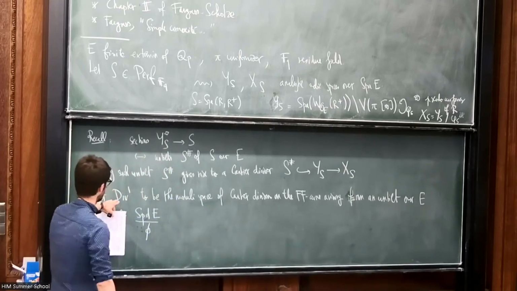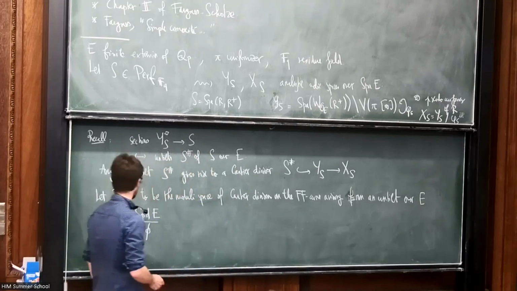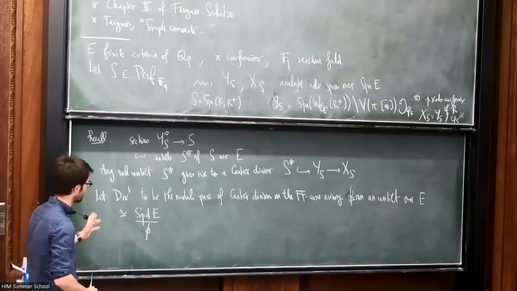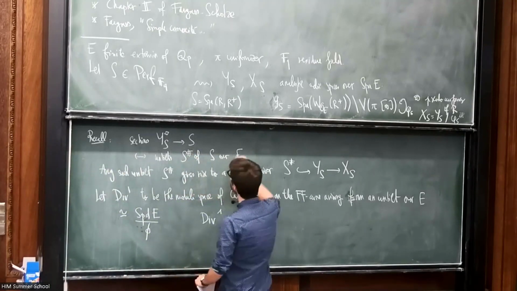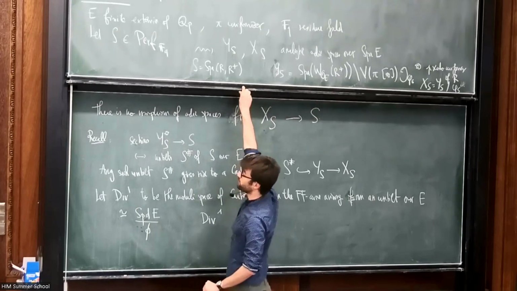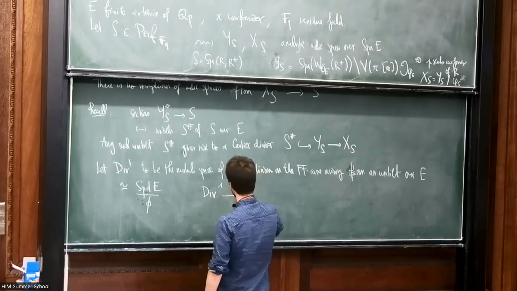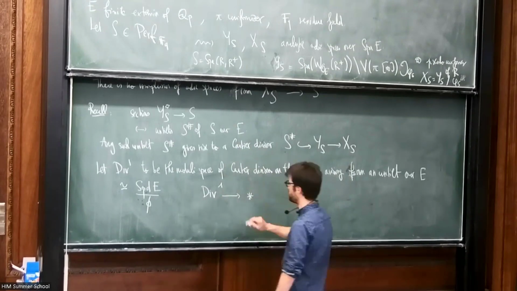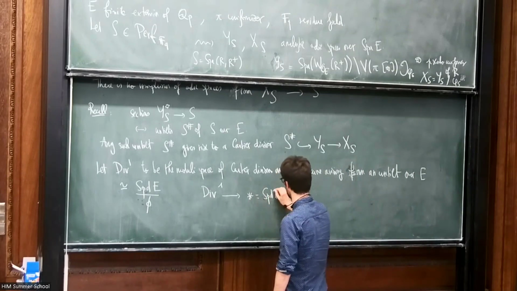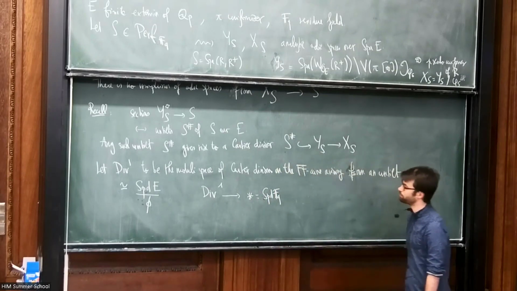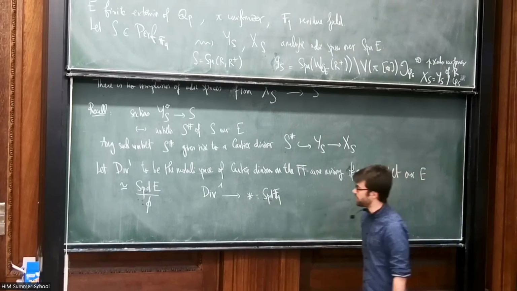So this diamond has a very nice property. The map from div1 to the point, the notation I will use for the final object, spa D of Q, which is just a V shift, is as nice as possible.